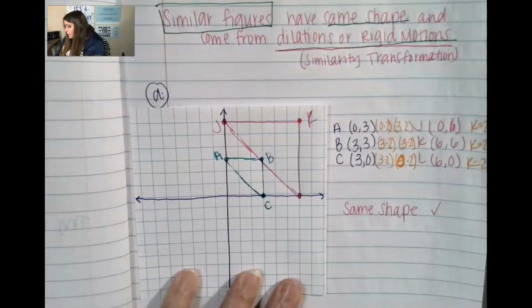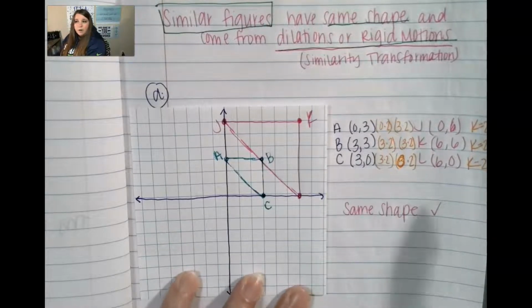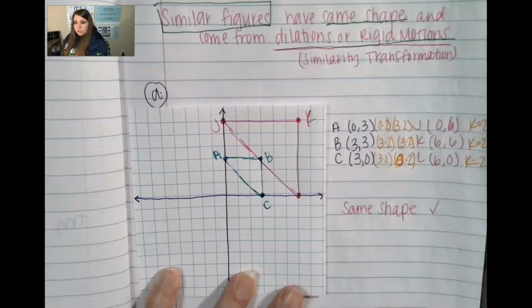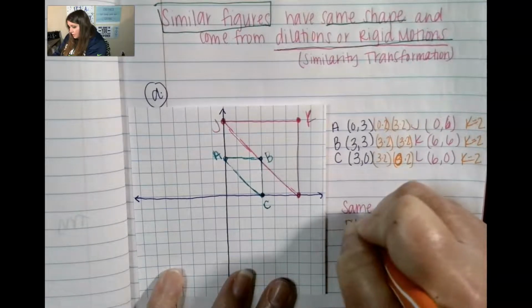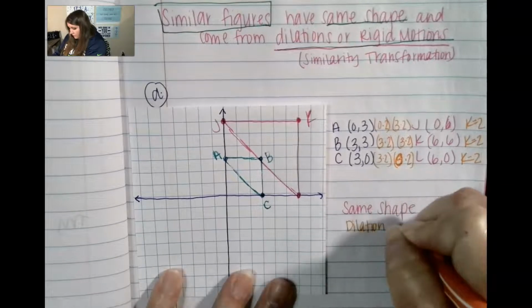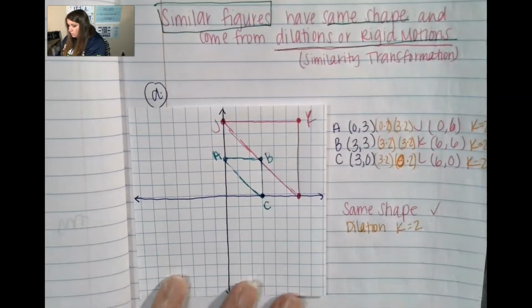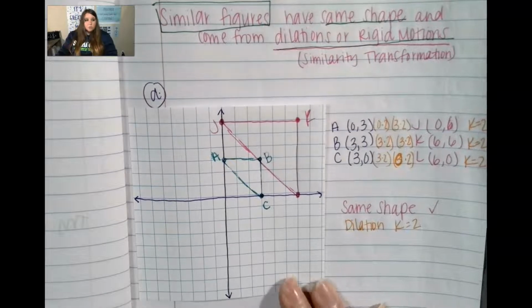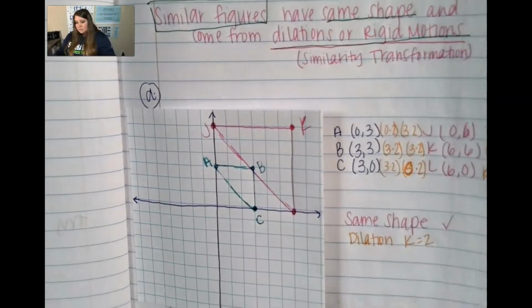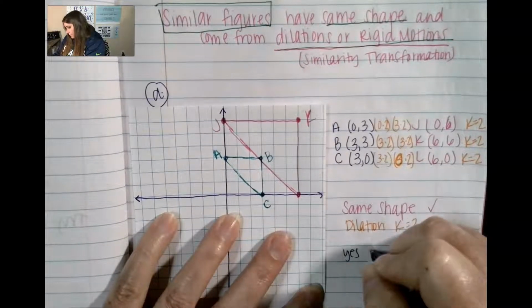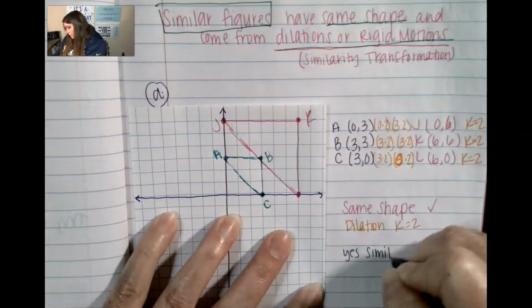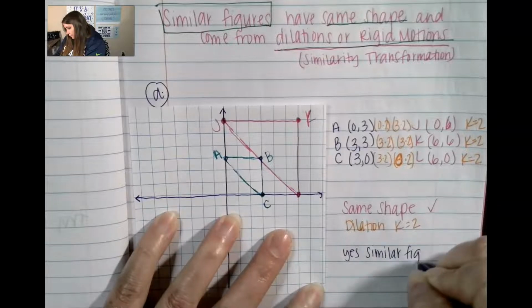So we get k equals 2. They have the same shape, and it is a dilation with k equals 2, which means that it grew. So this is a similar figure. We would say yes, similar figure.